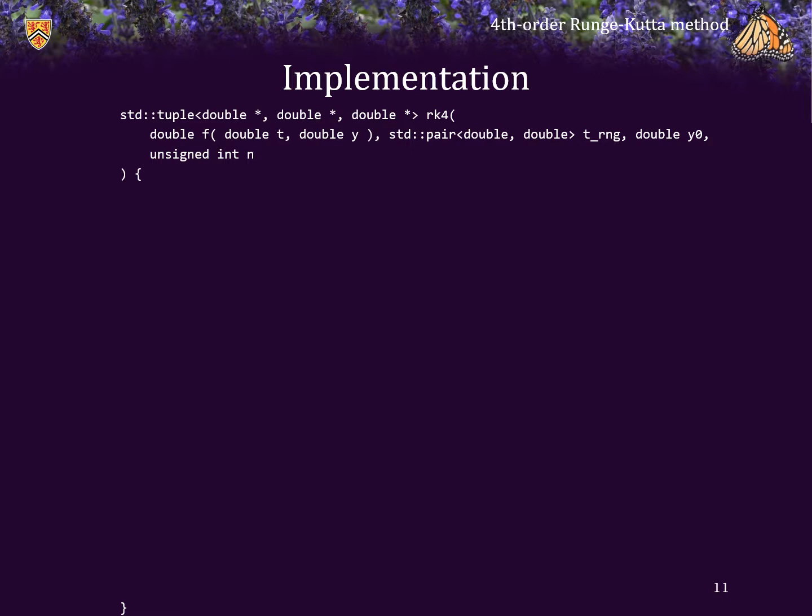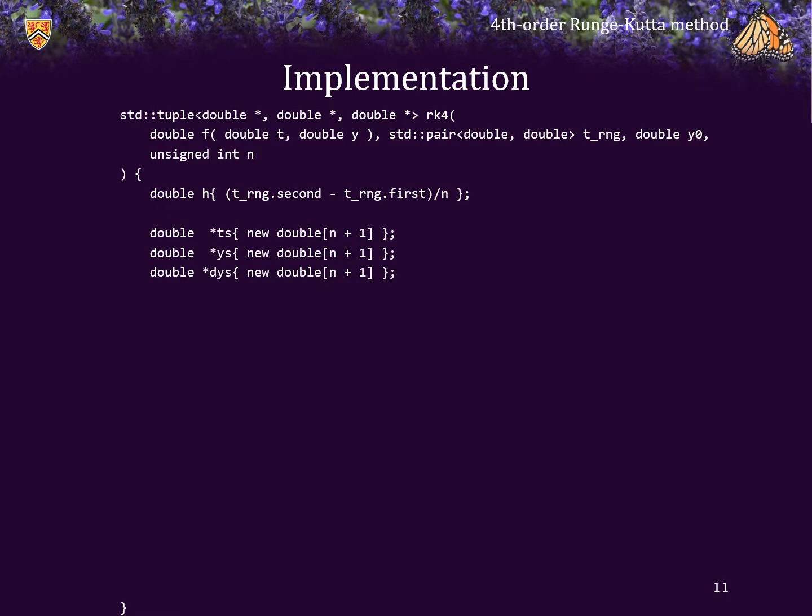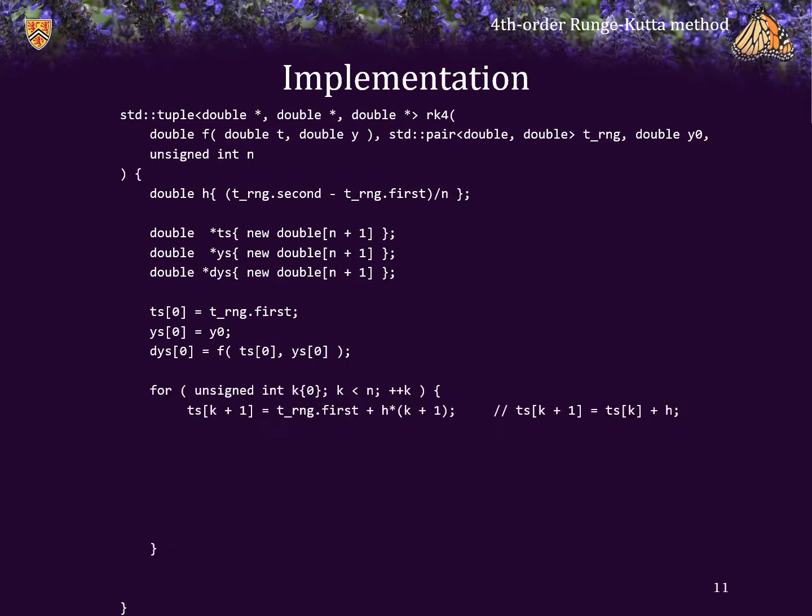Everything else is the same up to this point except for the name. We're going to calculate the value of h. Here are our 3 arrays that will store the results. Here are the initial values stored in those arrays. Here's our loop. We will calculate the next point in time.